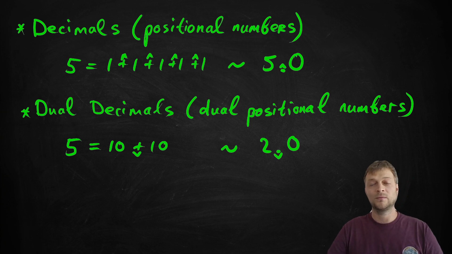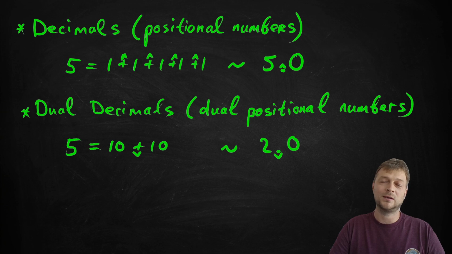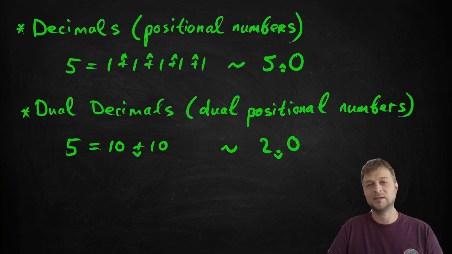Let's recall from the decimals and dual decimals videos that when we talk about 5, we imagine it as a number consisting of 5 ones, and this is our standard view. We are used to it, and we represent it as a decimal as 5.0.